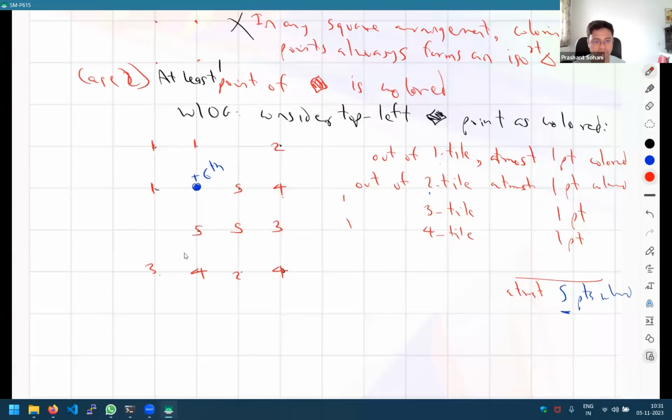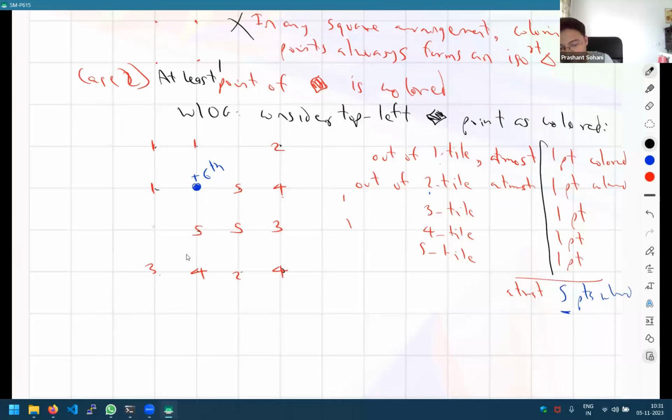So again, out of these 3 points, at most one can be colored. Okay. So therefore, the total, if you see here, the total number of points out of all the points I have highlighted here, at most 5 points can be colored.